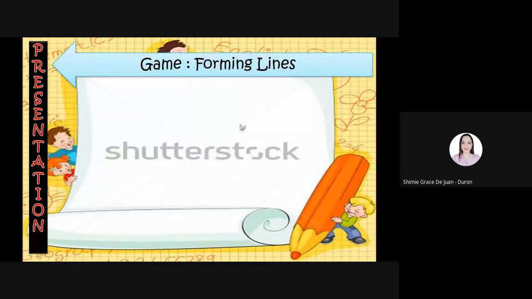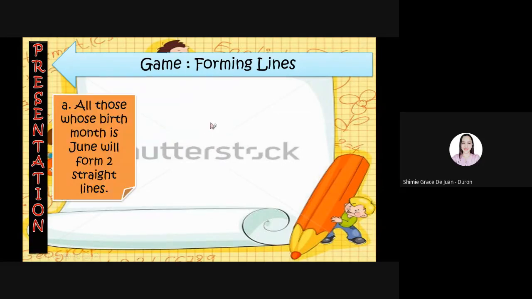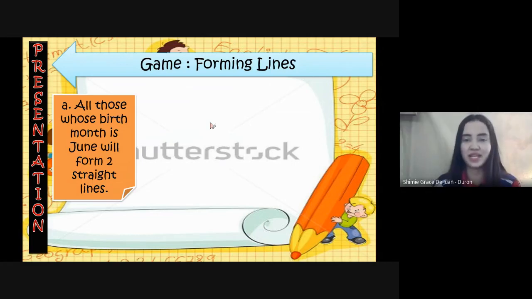Let's have another game, forming lines. You may answer this on your paper. Okay, all those whose birth month is June will form two straight lines. You can draw persons forming two straight lines.